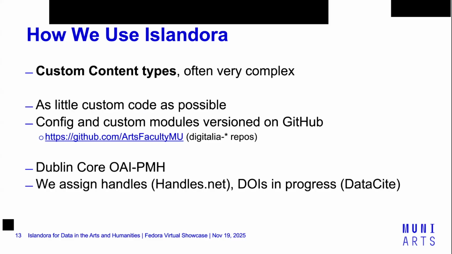We also use Dublin Core and OAI-PMH to expose metadata and links to data to anyone who would like to reuse it. And we also assign handles, I mean handles.net, as persistent identifiers. And we plan to also assign DOIs provided by DataCite. This is in progress right now, and we are working on it. But we will probably move from handles to DOIs in the future.